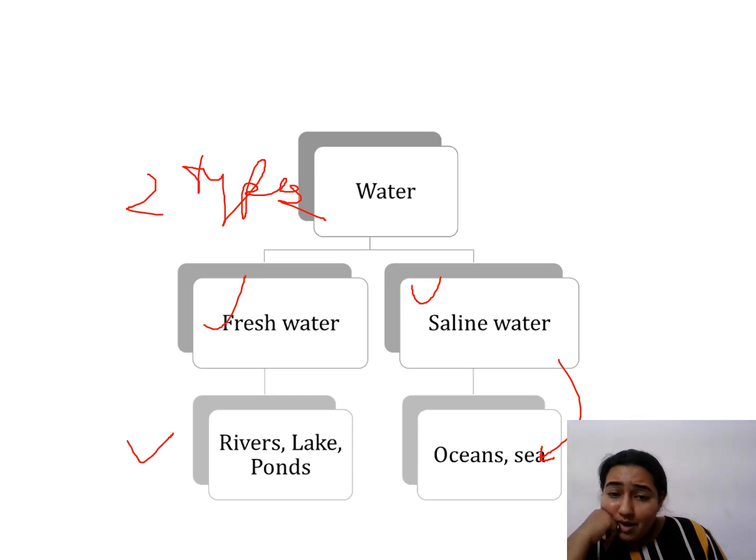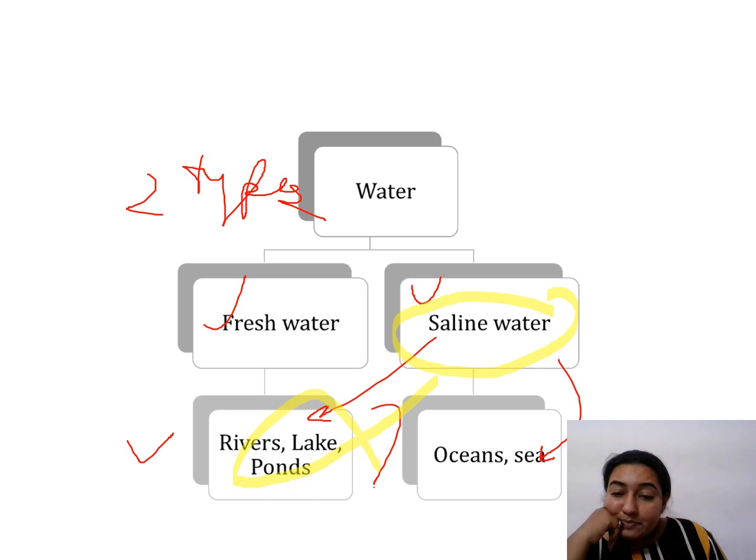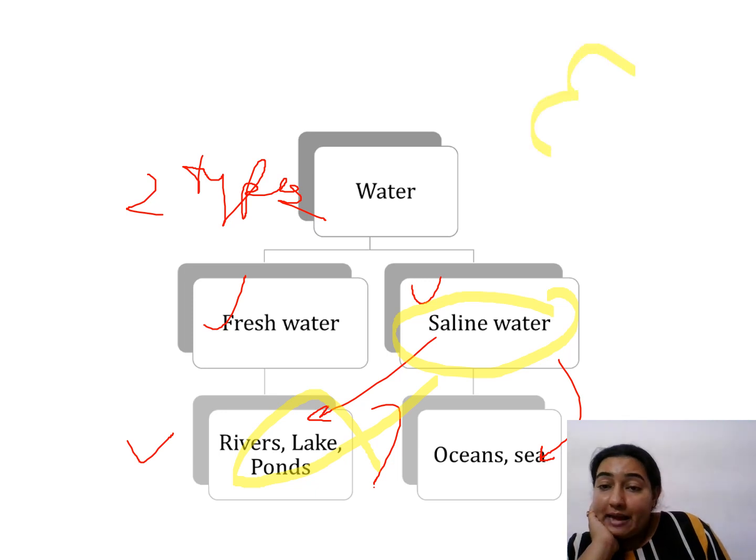Why is it not found over here? What is the reason for saline water to not form in this portion? The difference is this: suppose there are clouds, they are falling as rain on the earth.